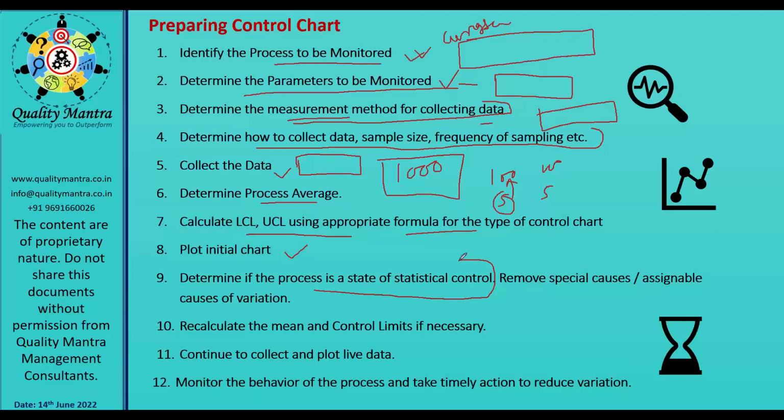Now, if there is any special cause present, you will remove that special cause, again collect the data, and recalculate the mean and control limits if necessary. Once you have the upper control limit, lower control limit, and your mean, you will continue to plot the live data that you are collecting from your process or from your products.